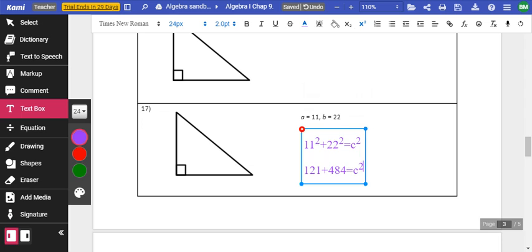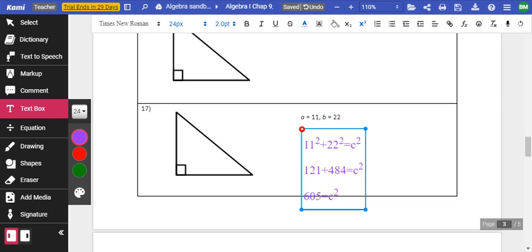We add those together. We don't subtract this time because they're on the same side of the equal sign. And we get 605 equals c squared. Okay, we have to find something that goes in here evenly.